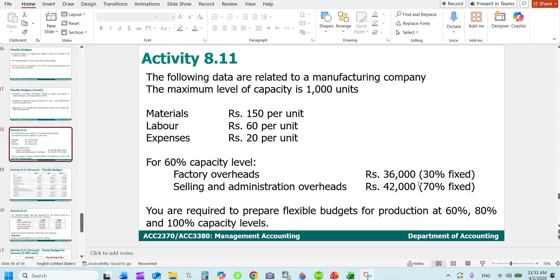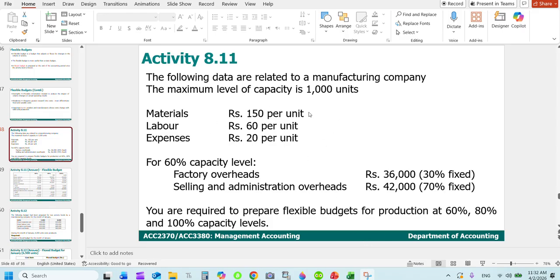So let's see how to prepare these flexible budgets for 60% output level, 80% output level, and 100% output level. Keep in mind, it is very important that you should be able to identify what are the variable costs and what are the fixed costs. So let's see how to prepare these flexible budgets for three different outputs.